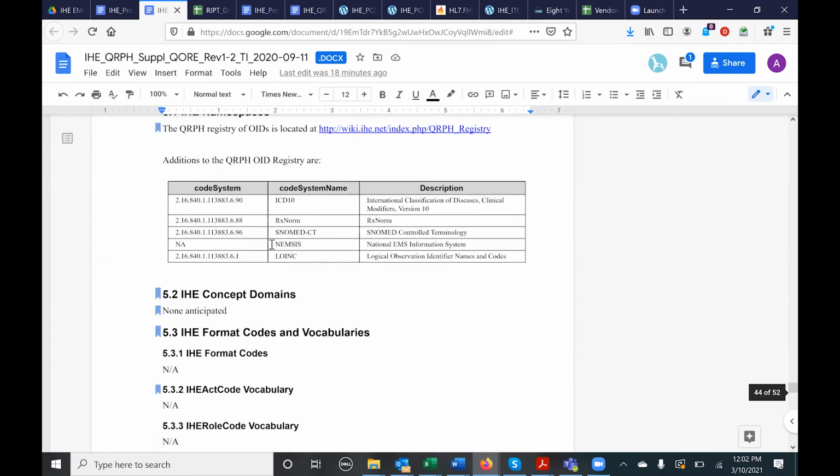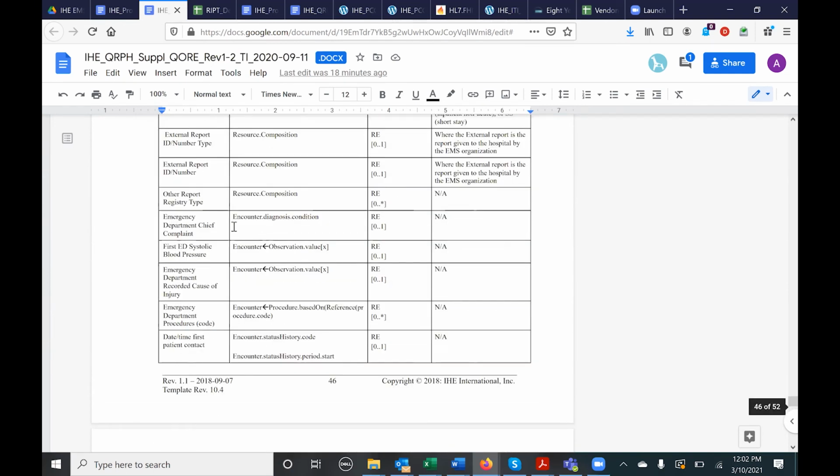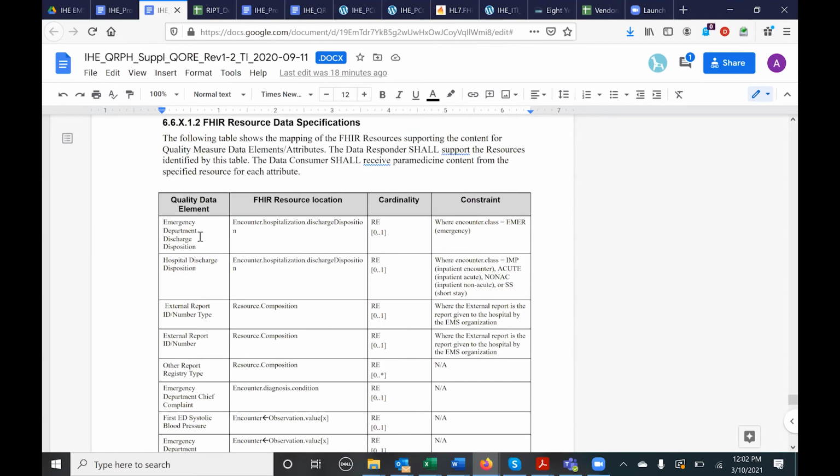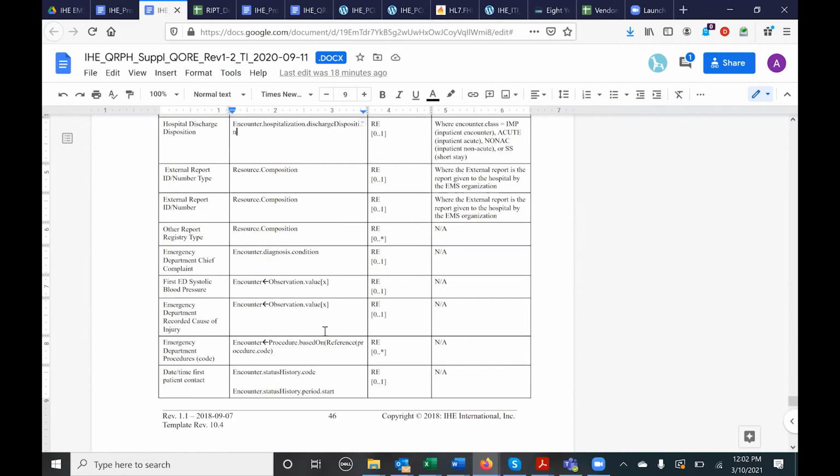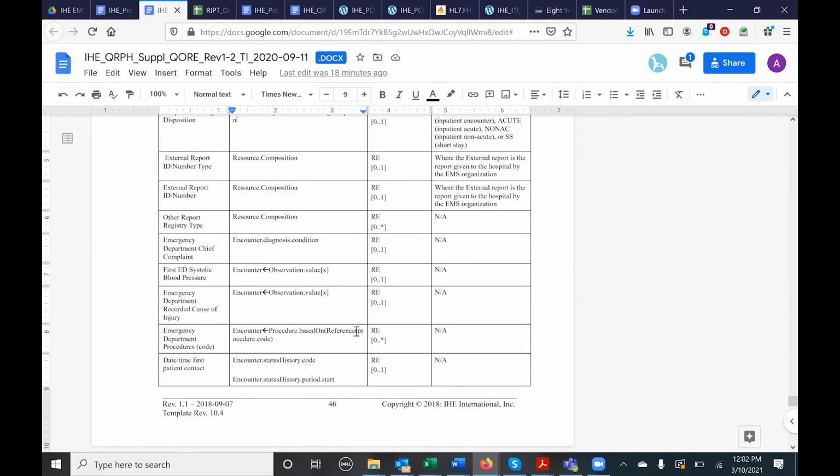Sorry for the scrolling. In volume 3 here, the elements that we're saying are here. That's where our cardinality comes into place for testing purposes, which means if they have the data, they have to send it. So if you're asking what's the data on John Smith, and what emergency department procedures were done on them, they have to send you the ED procedures.